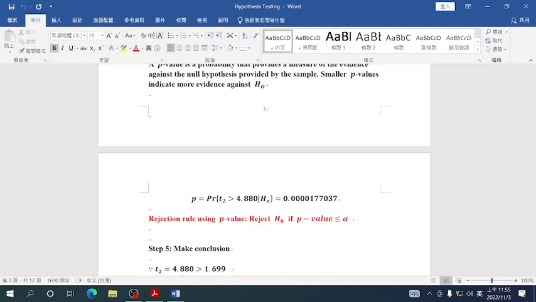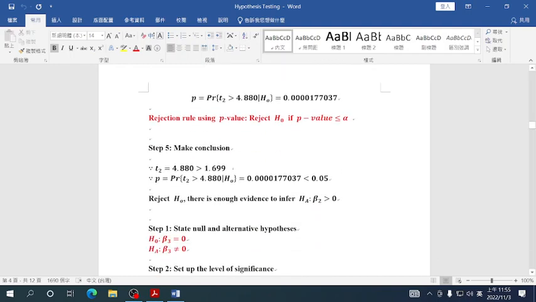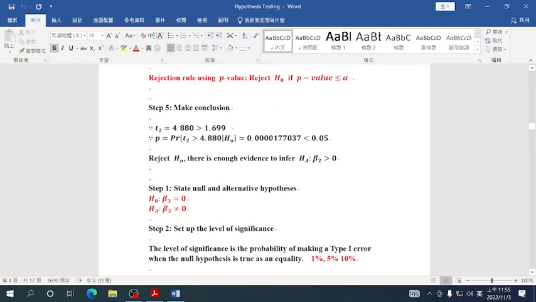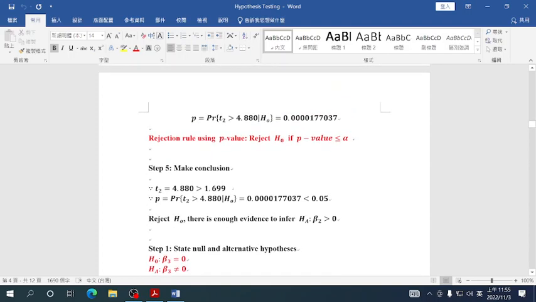Then since this p-value compared with alpha, 5%, is smaller than alpha, then reject. Okay, therefore, making the conclusions: the critical value approach uses this one compared with the critical value, and the p-value approach uses this one compared with the level of significance.